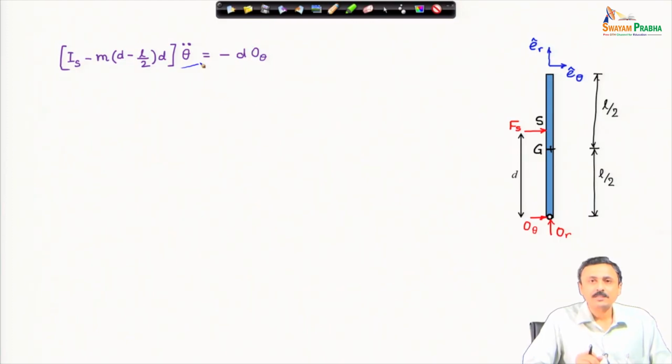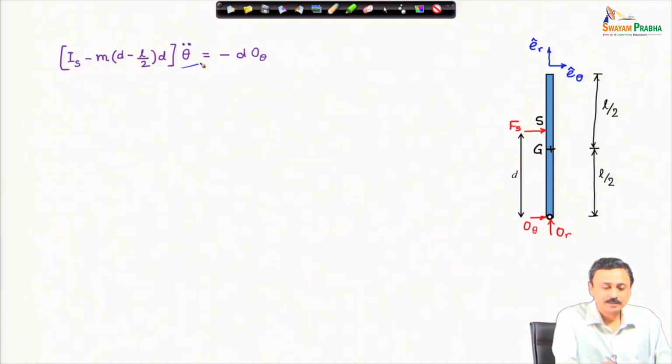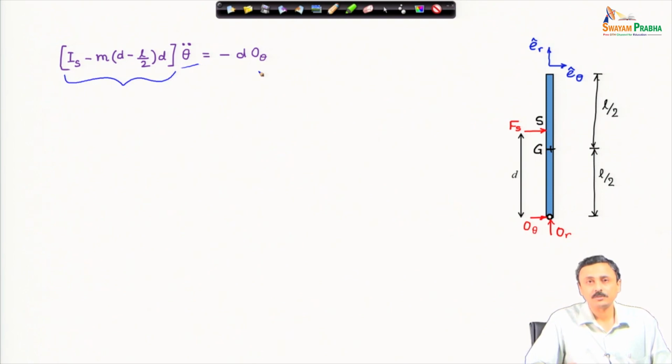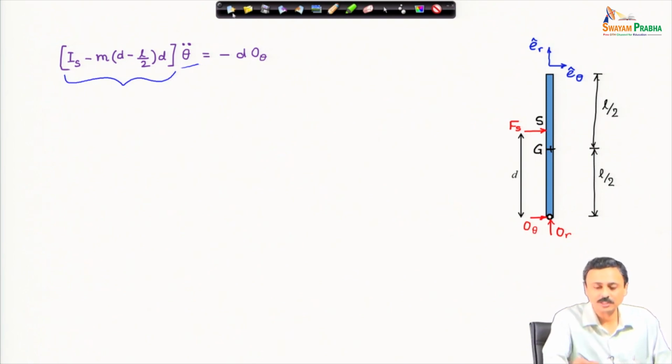How to minimize the reaction force of the door at the hinge? O r I cannot do anything about, but O theta maybe I can. If I can somehow make this term 0, then O theta will be 0. There will be no transverse reaction force at the hinge.